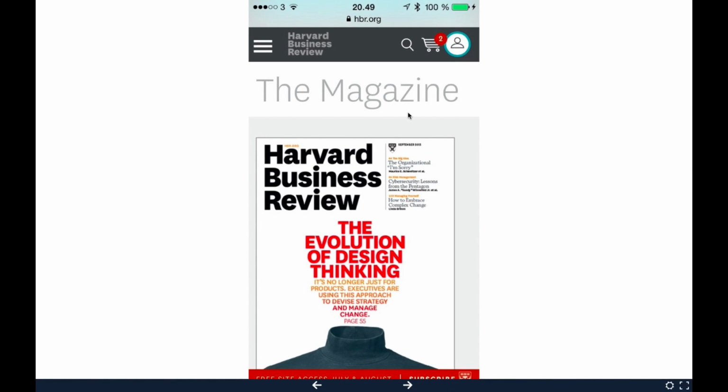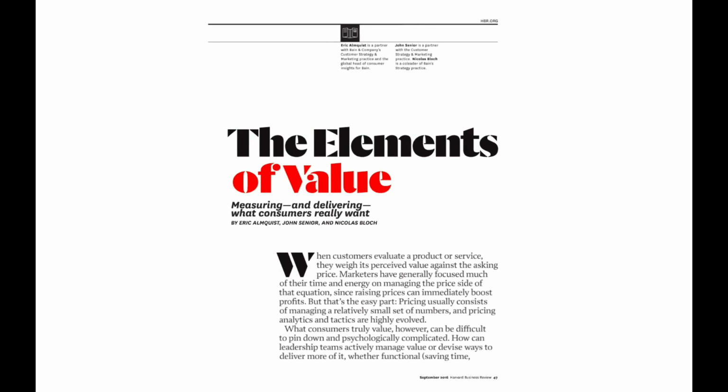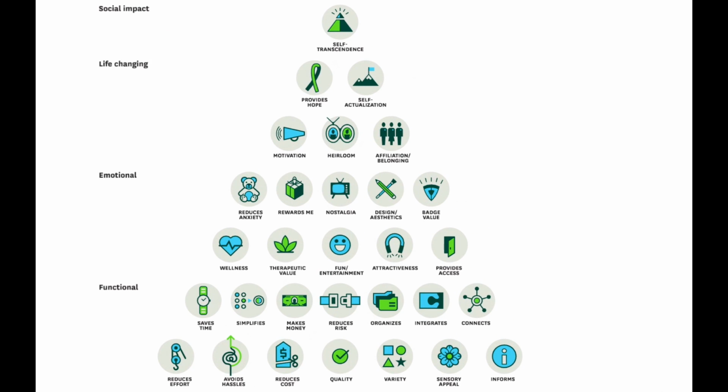And that's why you should check out this really nice article here from Harvard Business Review. These are consultants from Bain who've been sitting down looking at a number of companies and say, how do they create value? And it's a little like sort of the Maslow pyramid of needs. They then come up with, when you analyze a lot of successful companies, you can see that they have different elements of value.